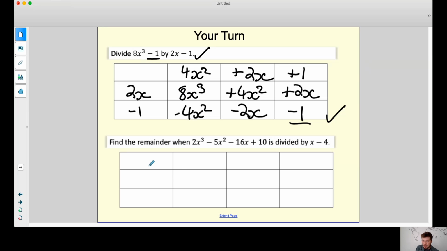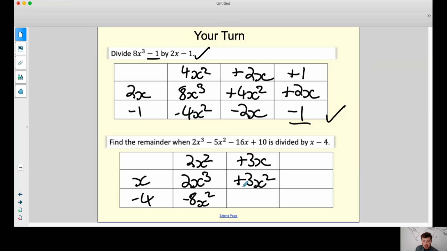For the next question, I'm dividing by x minus 4, and my cubic is 2x cubed, so therefore, this must be 2x squared and minus 8x squared. To get to minus 5x squared, I need to add 3x squared, so that must be a plus 3x and minus 12x.